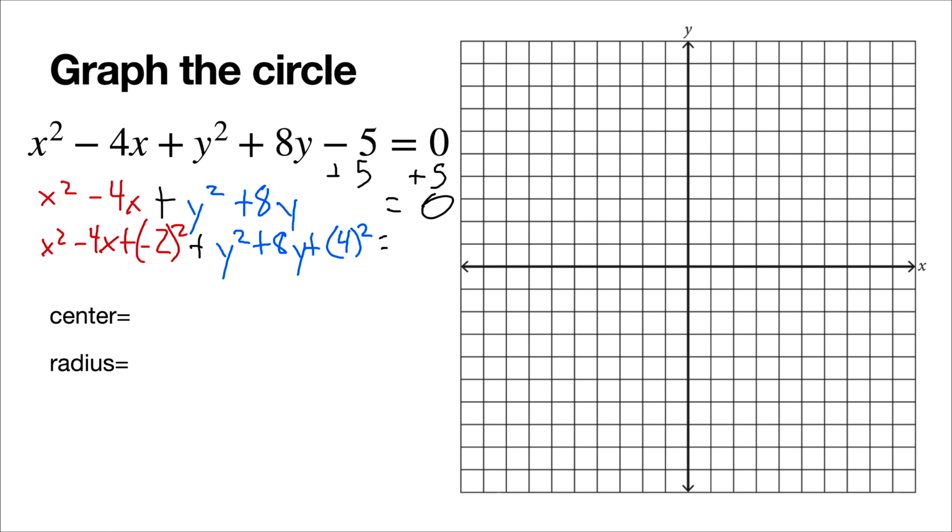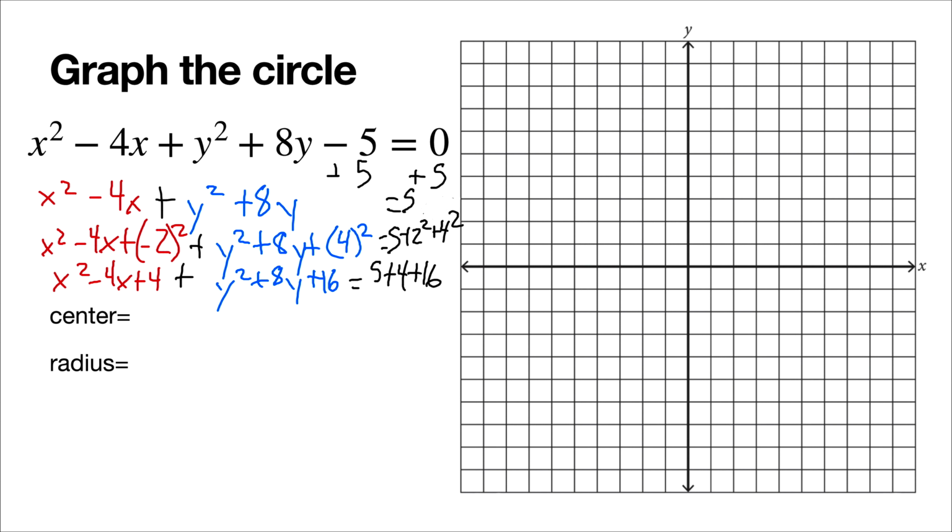And that's going to equal, not 0, that's going to equal 5 plus 2 squared plus 4 squared. So this becomes x squared minus 4x plus 4 plus y squared plus 8y plus 16. And that's going to equal 5 plus 4 plus 16.